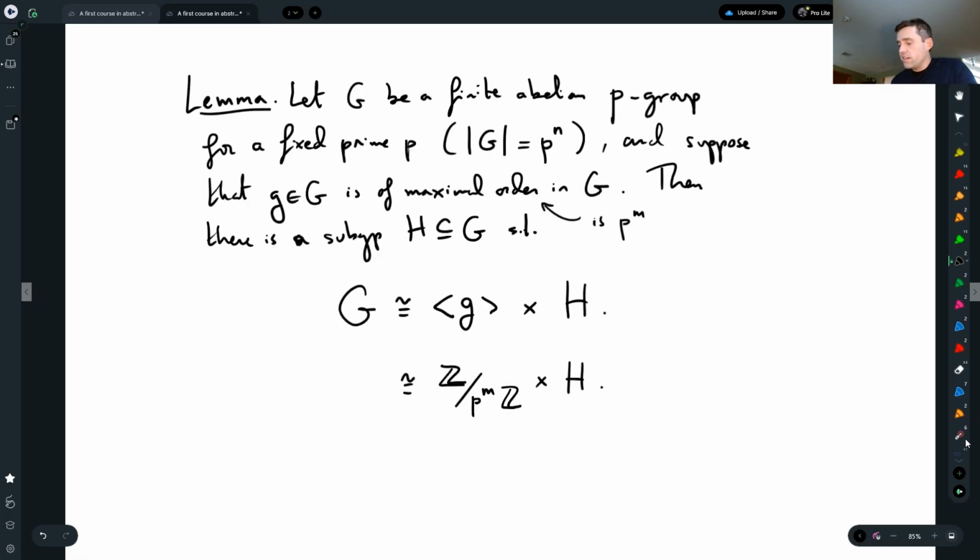This is the statement that if I find an element of the maximal order in the group, then this element breaks off with a complement in an internal direct product.